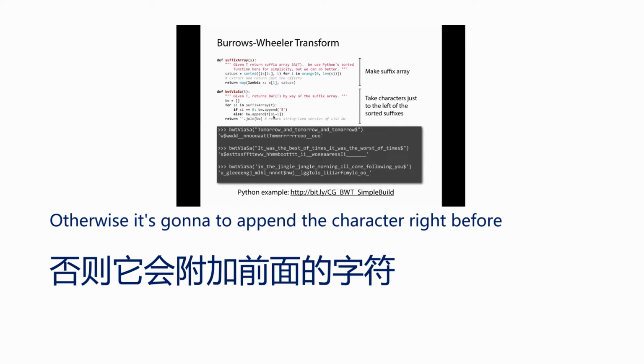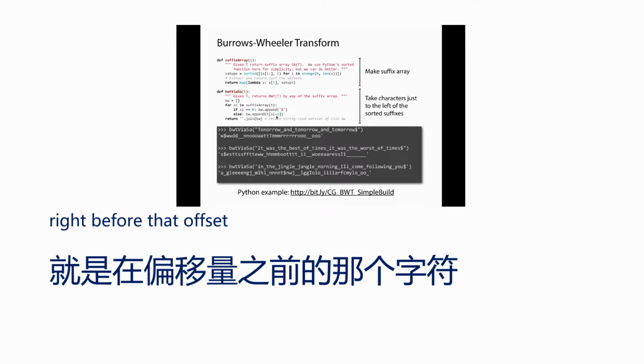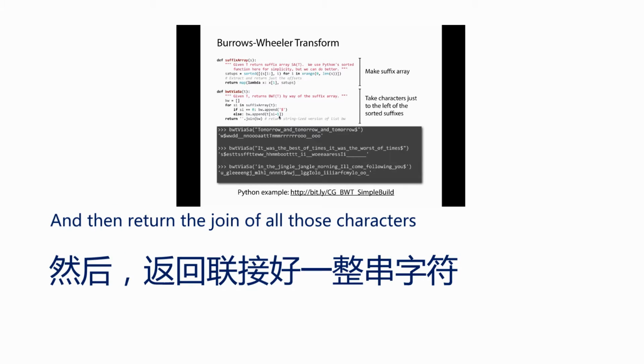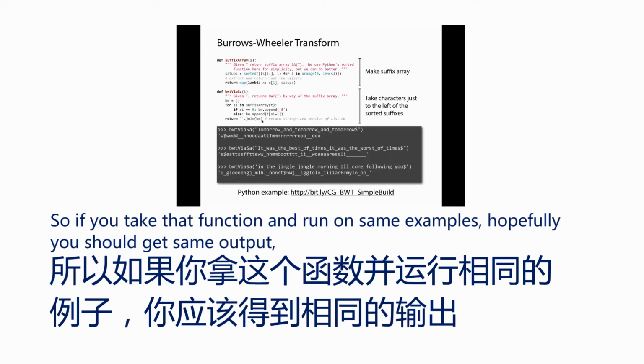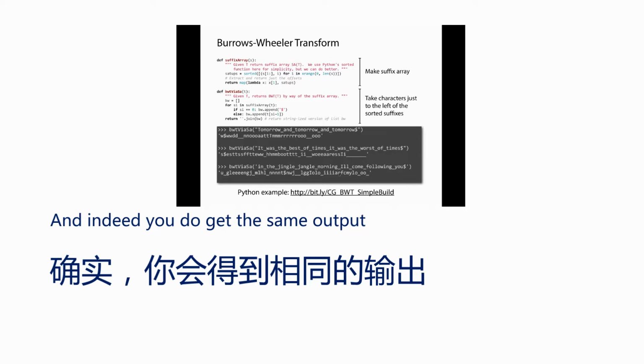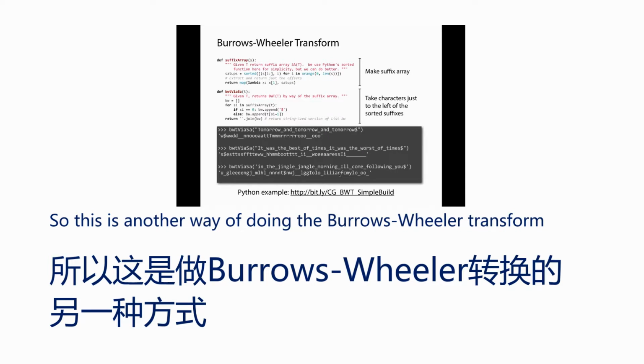Otherwise, it appends the character right before that offset, and then returns the join of all those characters. If you take that function and run it on the same examples, you get the same output. So this is another way of doing the Burrows-Wheeler transform.